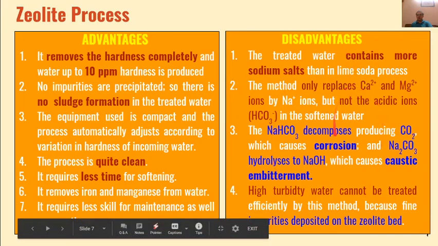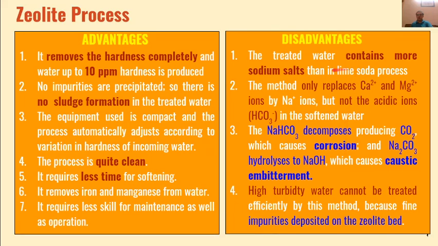The disadvantages, as I have told you in the limitations also: because sodium ions are exchanged, our soft water or treated water will contain more sodium salts than we get in the lime soda process. The second disadvantage is that it replaces only calcium and magnesium ions by sodium ions, and not the acidic ions present in the hard water.